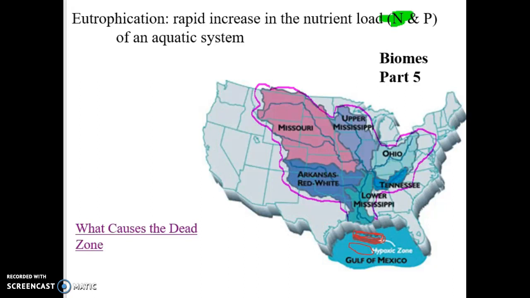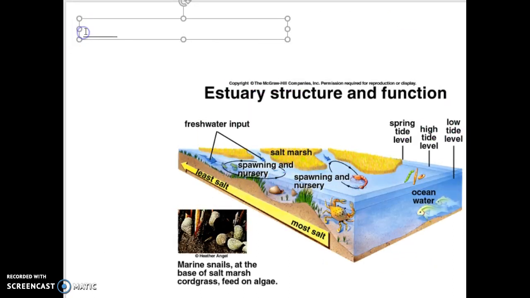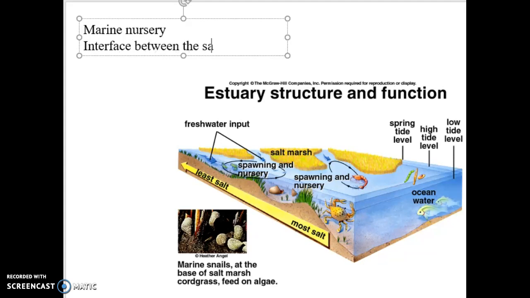Okay, so other biomes associated with the aquatic ecosystem are biomes like the estuaries. Estuaries are what we call the marine nursery. These are the interface between the saltwater and freshwater.